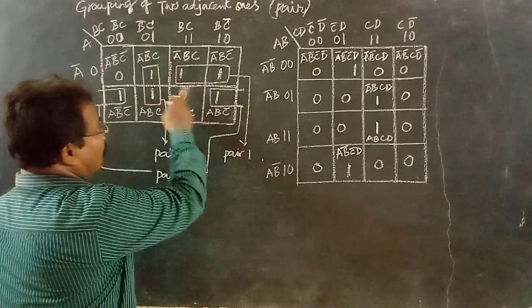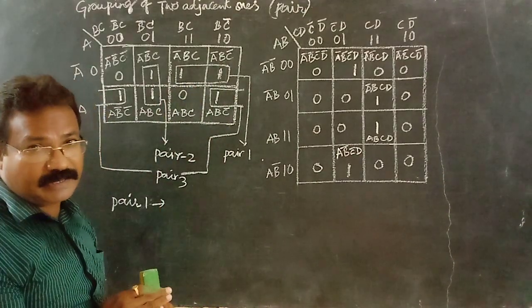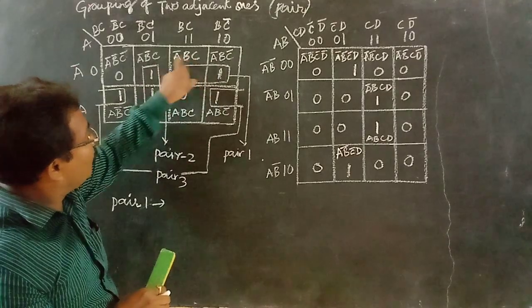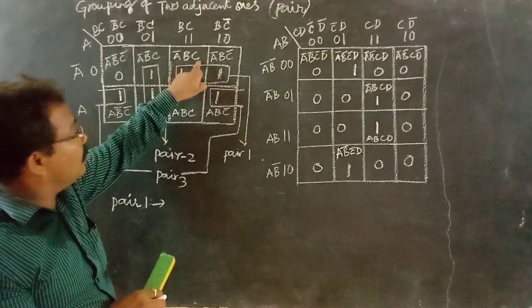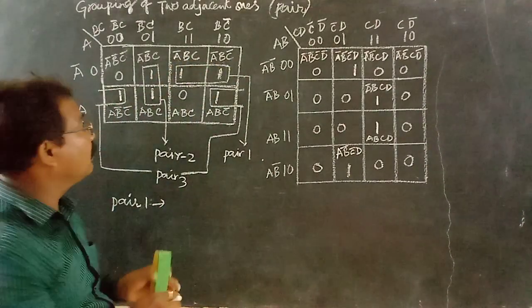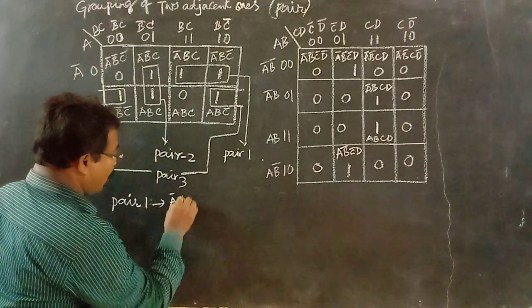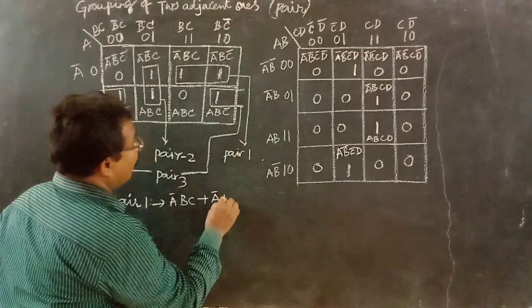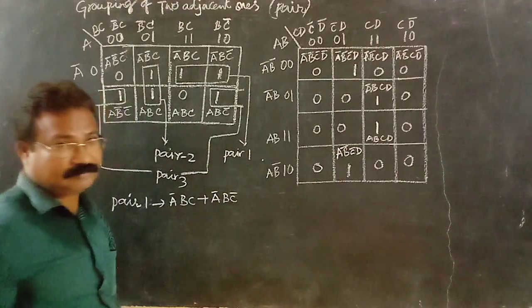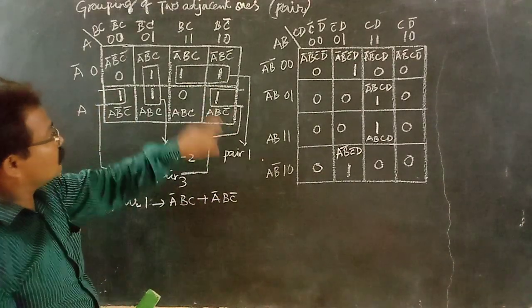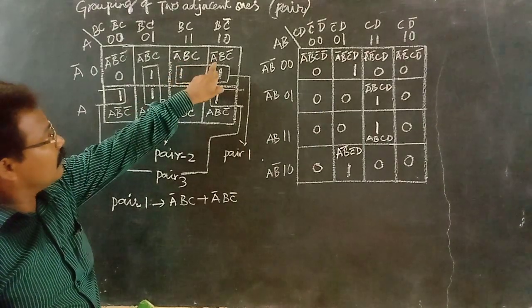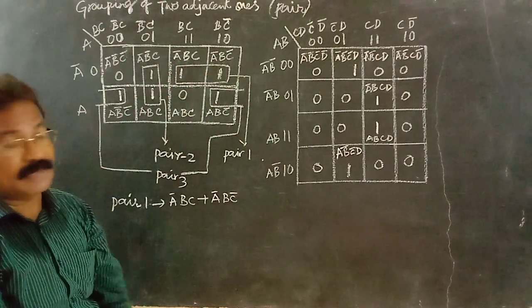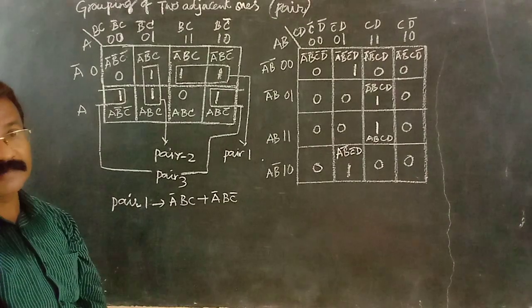So the pair 1, which is grouped horizontally, is a combination of two minterms: A bar B C plus A bar B C bar.